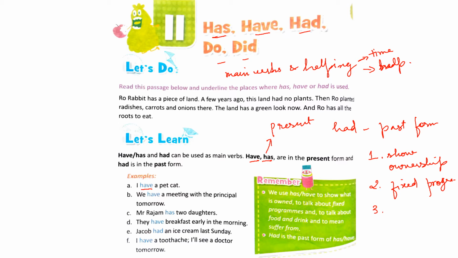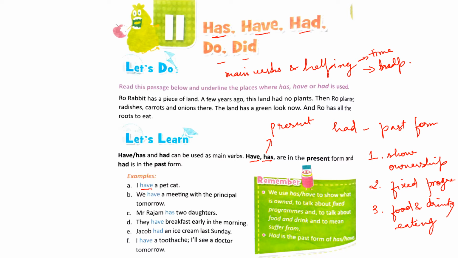Next usage is to talk about food and drink, or you can say about eating. Whenever we have to talk about food, drink and eating, we use have, has and had. For example, they have breakfast early in the morning.